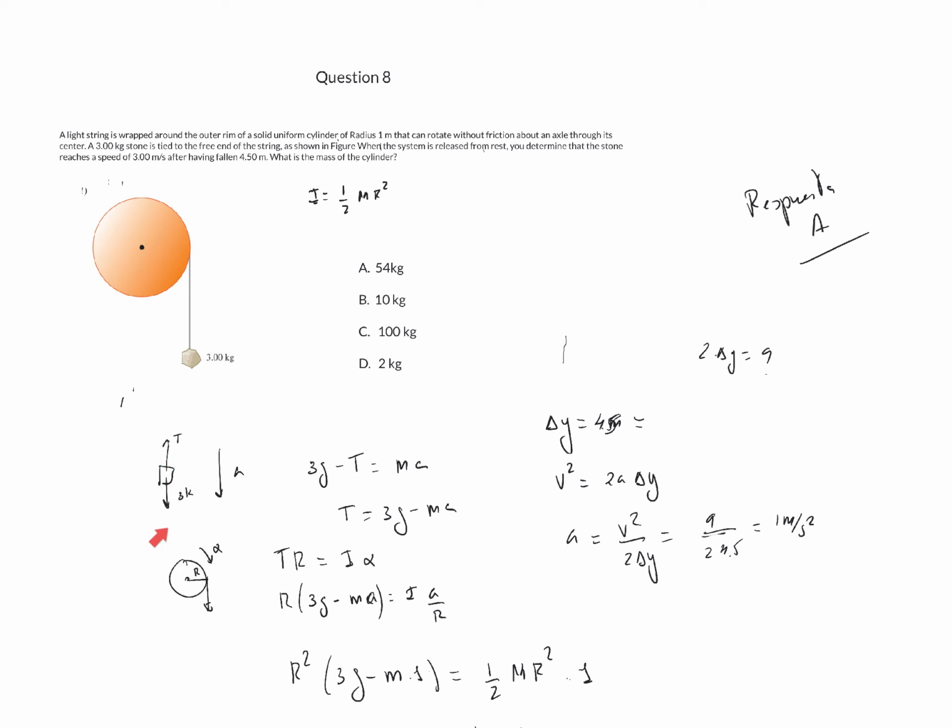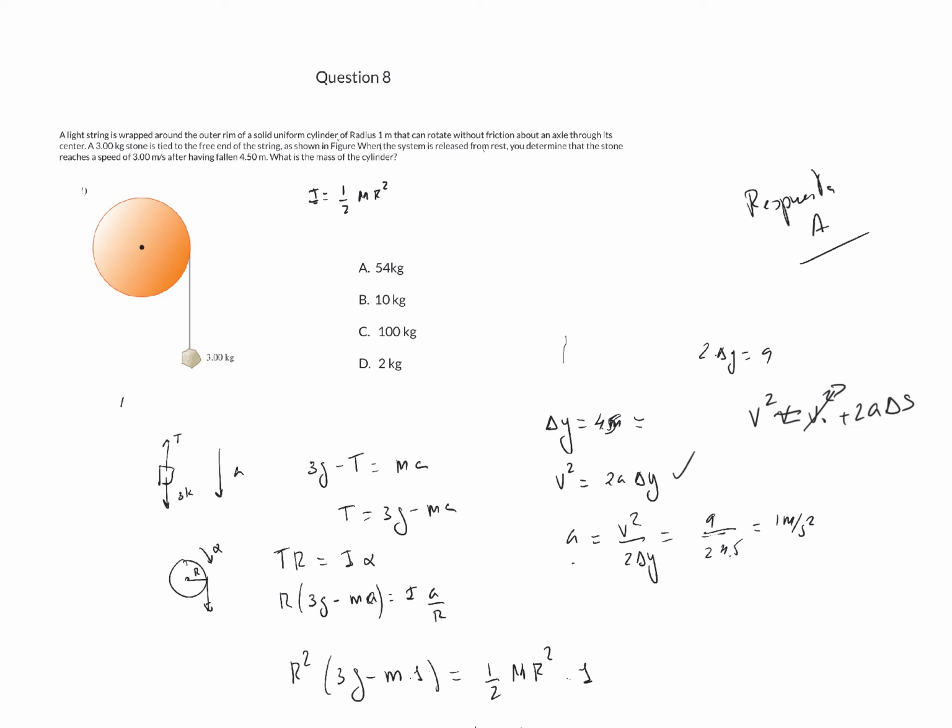The object is falling down 4.5 meters and it reached the velocity of 3 meters per second. So the delta y is related to v squared, like a motion with constant acceleration: v squared equals v0 squared plus 2 times a times the displacement. v0 squared is 0, so v squared is 2 times a times the displacement.